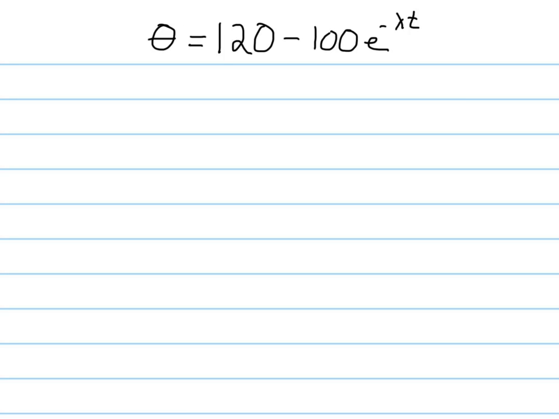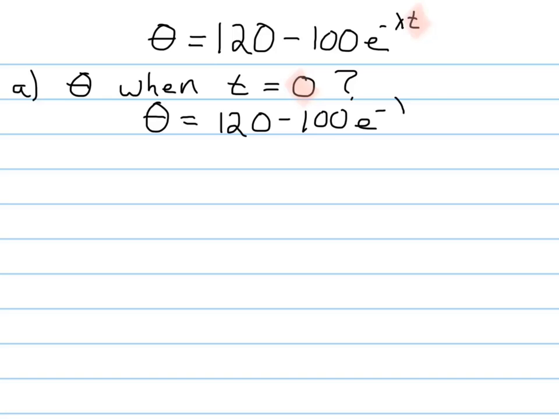Part A. State the value of theta when t equals 0. We know that theta equals 120 minus 100 e to the negative lambda t. When t equals 0, we put 0 in for t.